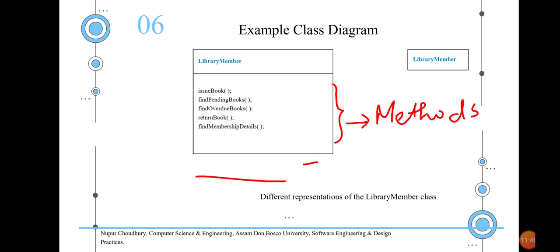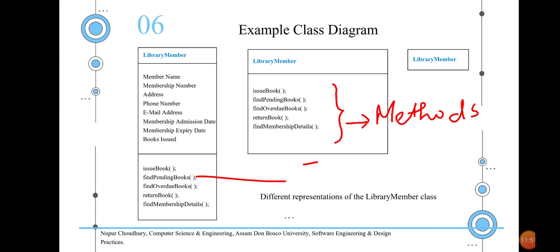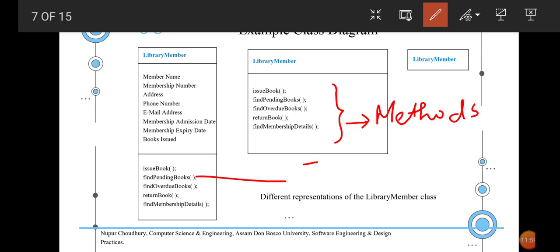This we have already seen, and we can give a detailed description of the library member class, which will include not only the methods, but also the different types of attributes that your library member will have.